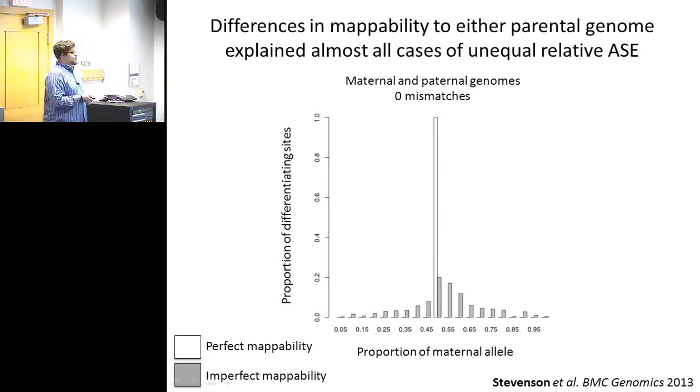If both genomes showed imperfect mappability, then these measurements could appear anywhere. However, if only, say, the maternal reference genome showed imperfect mappability, we're more likely to see estimates of the proportion of the maternal allele in this area. We're preferentially calling the paternal allele, which showed perfect mappability to its genome.